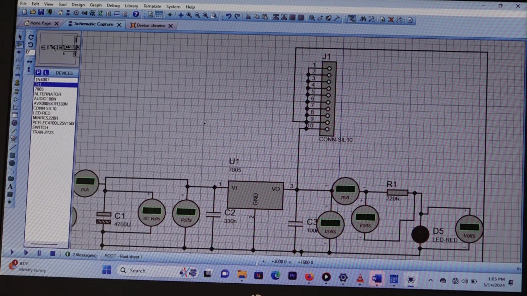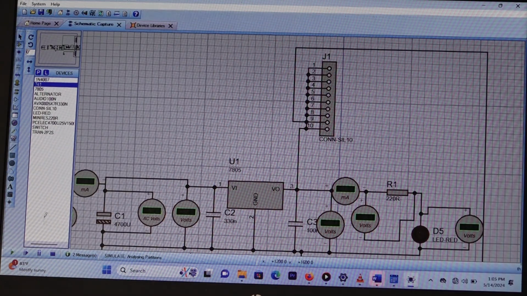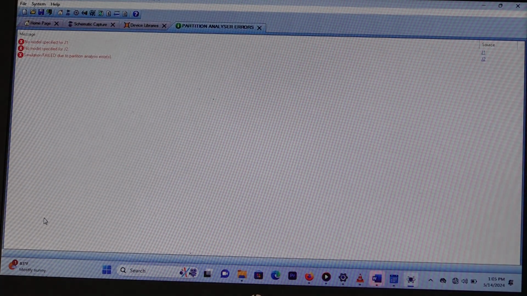So when I run the simulation, remember that these connectors are not part of the simulation. If you run the simulation for this case, then you see that our simulation now has errors. What happened there?